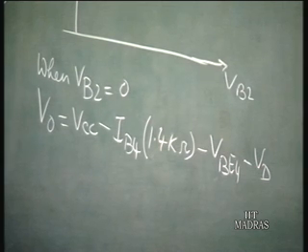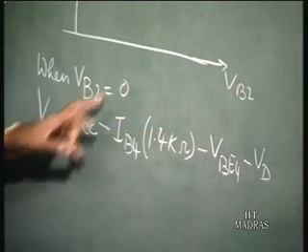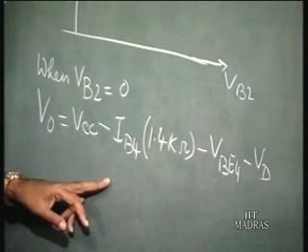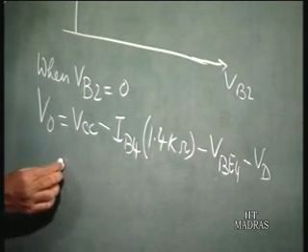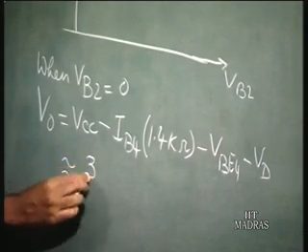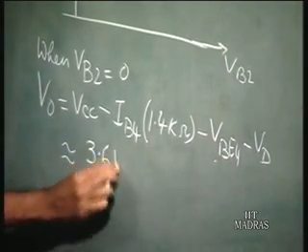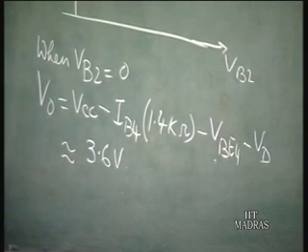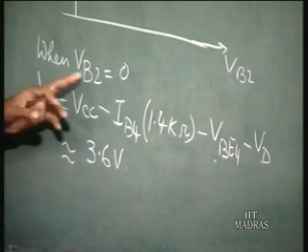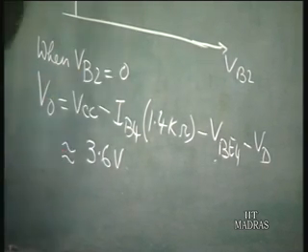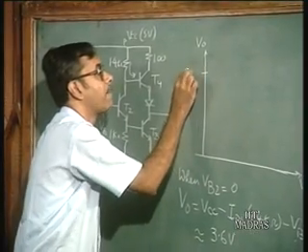So we can almost neglect this term. So if you assume 0.7 volts each, this is almost equal to 3.6 volts. So when VB2 is equal to 0, output voltage would be around 3.6 volts.